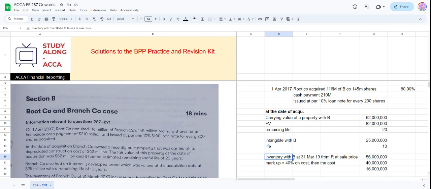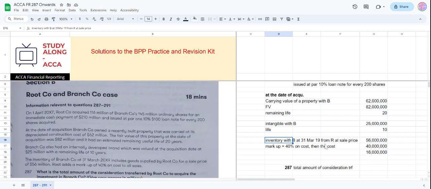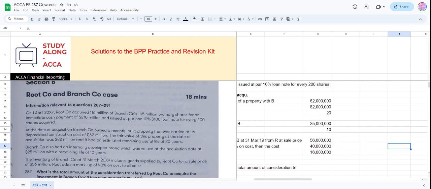And in their inventory at this period, A had sold 56 million of inventory, and the markup is 40% on cost. So the cost will be 40 million. This is not given in the question, we have calculated it. How?